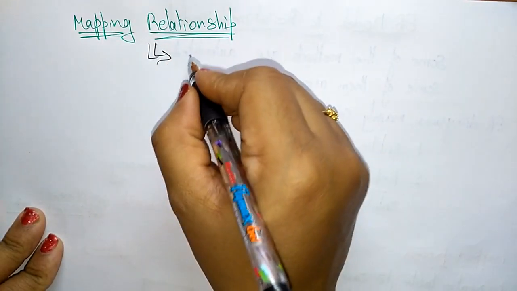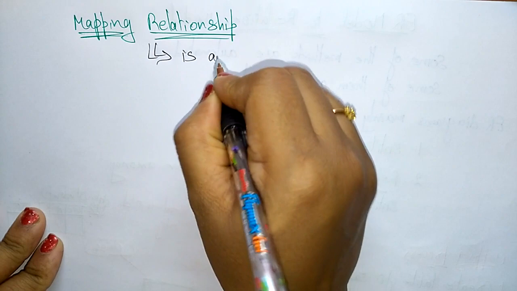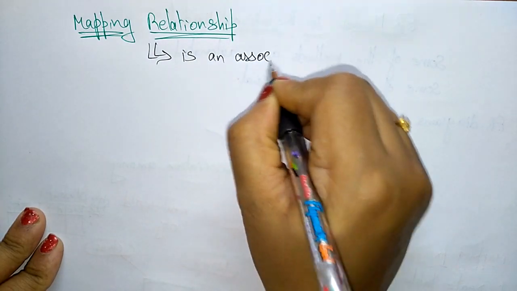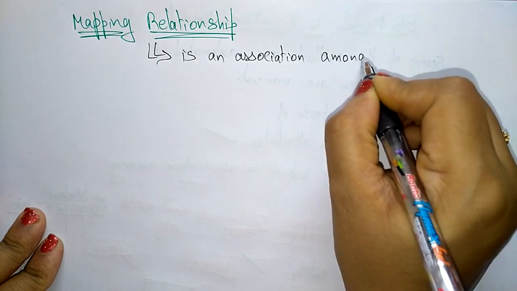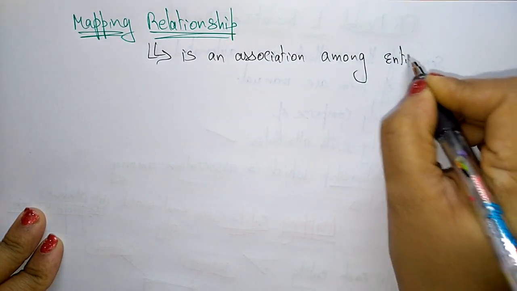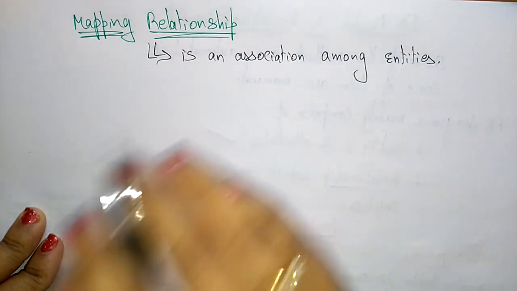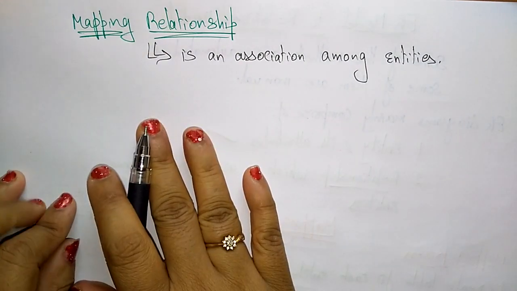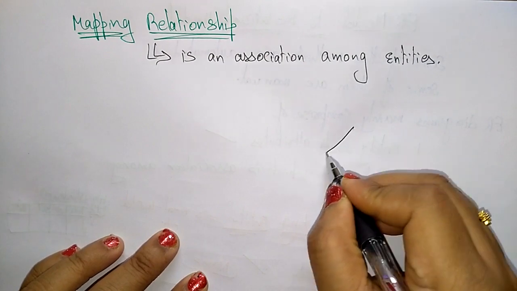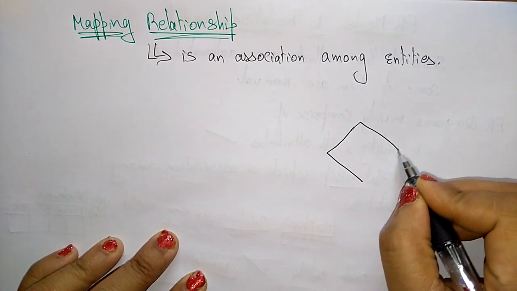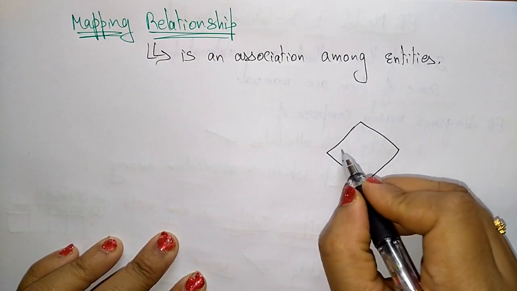Relationship is an association among entities. So what is a relationship among entities? Let us see. Let me write the diagram first. It's a pictorial representation of the ER model.